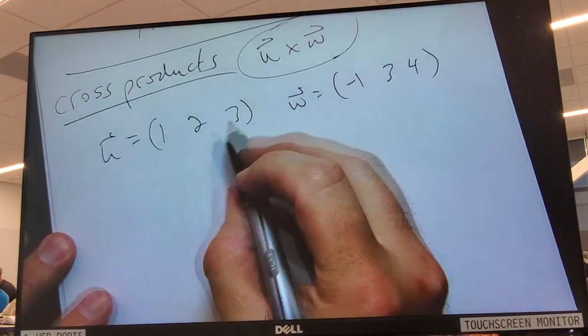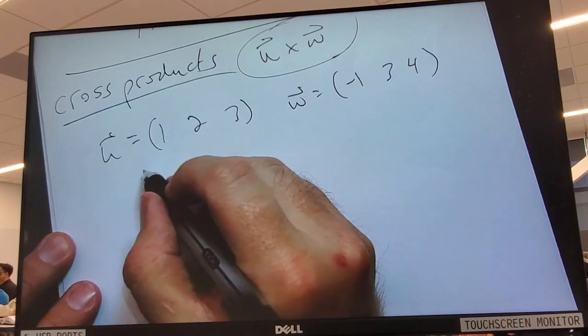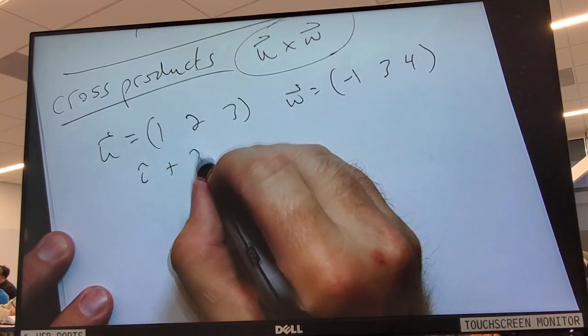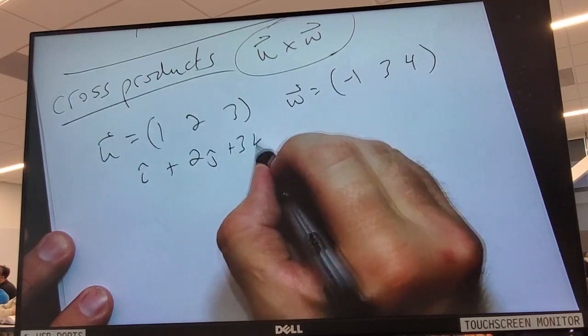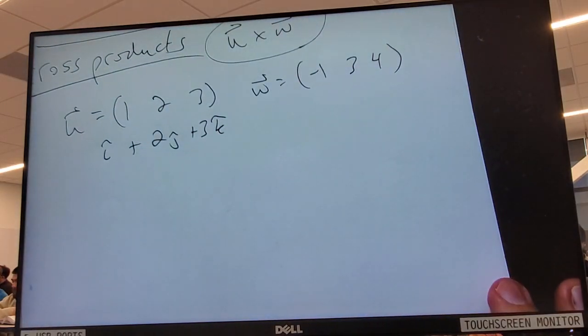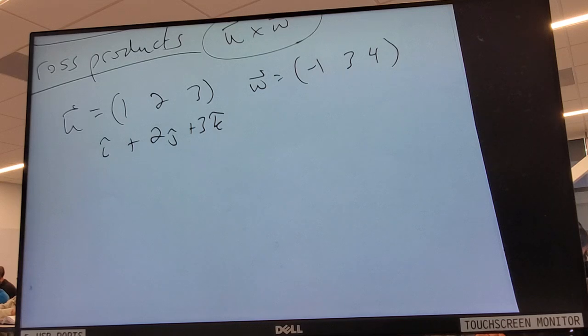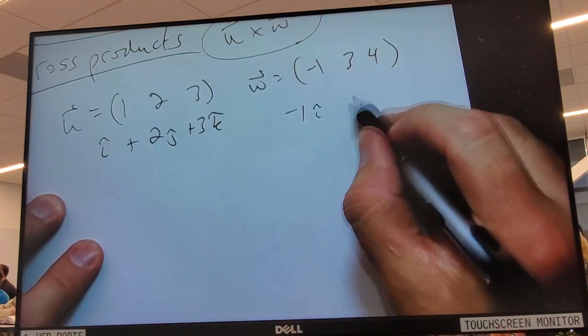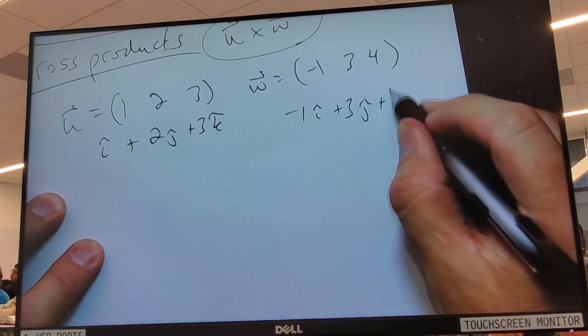So if I want to figure this out, and I can't remember if this has come up in here or not, but one way to represent this vector is like this. I know I've talked about i, j, and k. That's the 1, 0, 0, 0, 1, 0, 0, 0, 1 beautiful building blocks, yes? So this will be -1i plus 3j plus 4k.